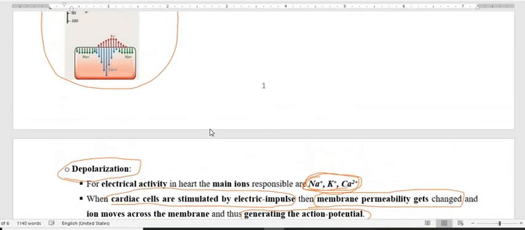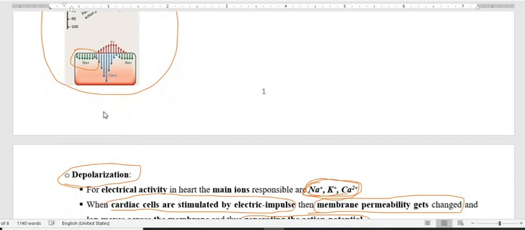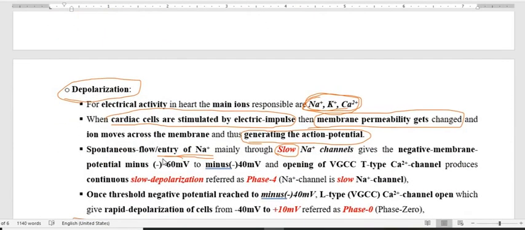When sodium started entering the pacemaker cell, the membrane potential at that time was minus 60 millivolt, and when the sodium started entering through the slow sodium channel, the potential moves from minus 60 to minus 40.